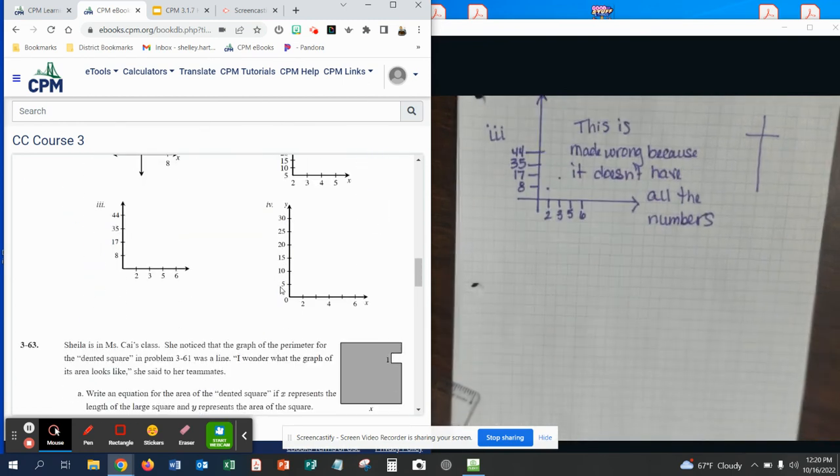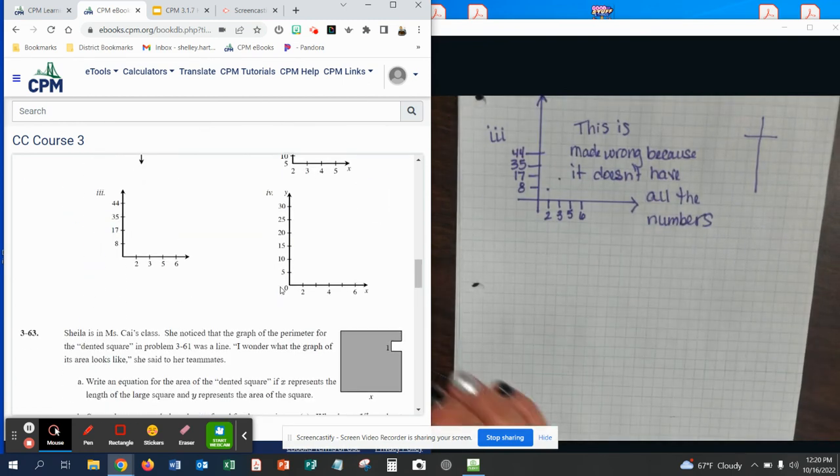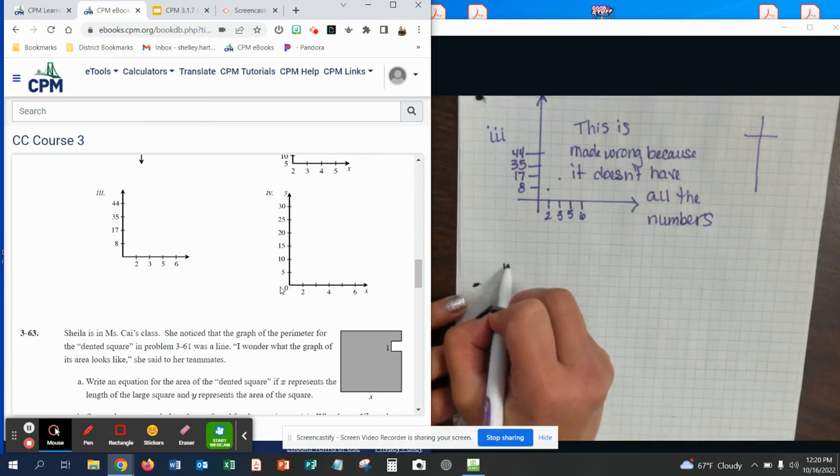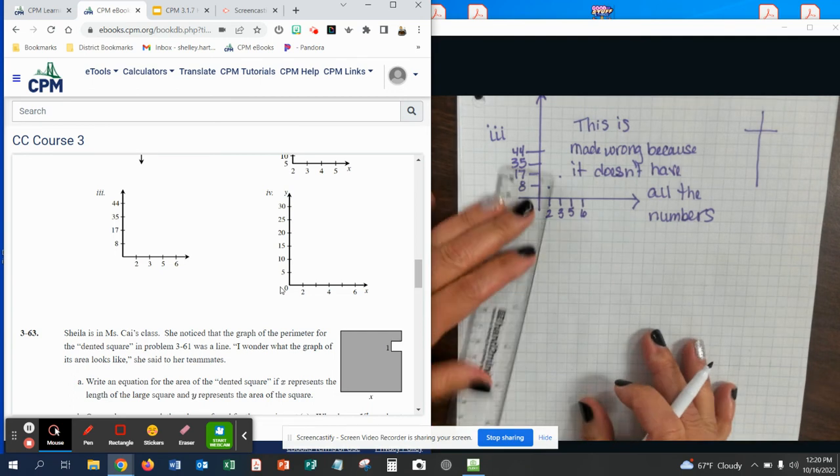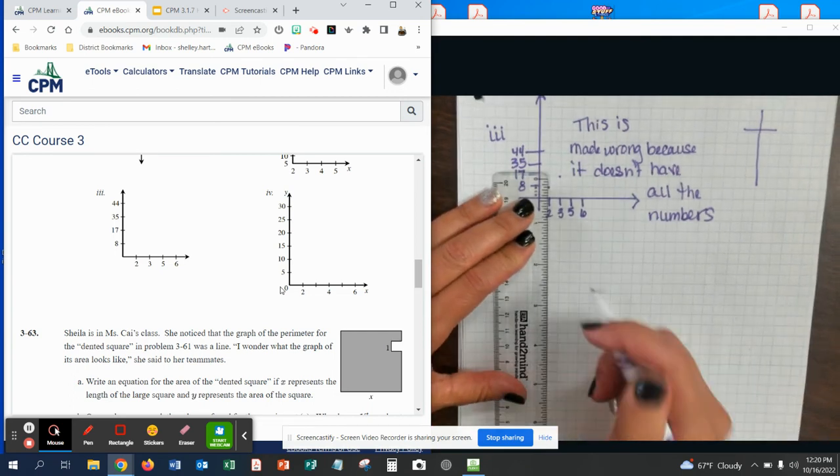Now, if you look at the last one, what can you tell me is wrong with number 4? They only have it in quadrant 1.